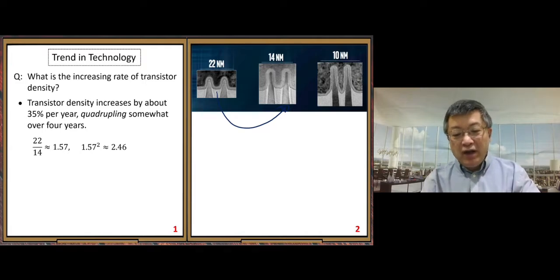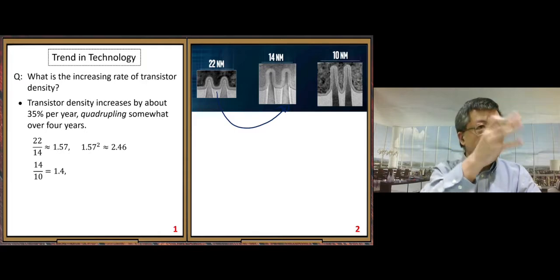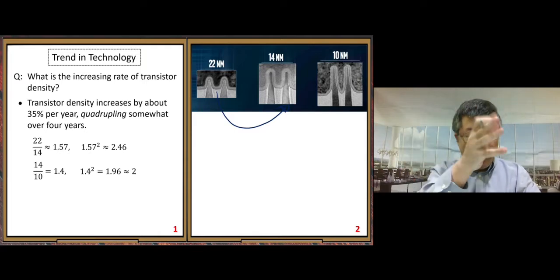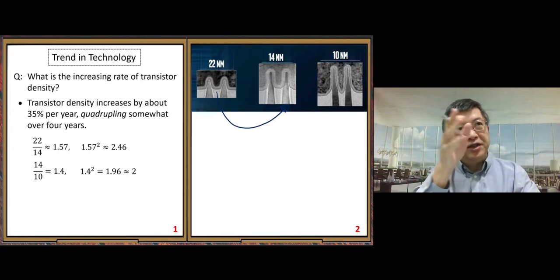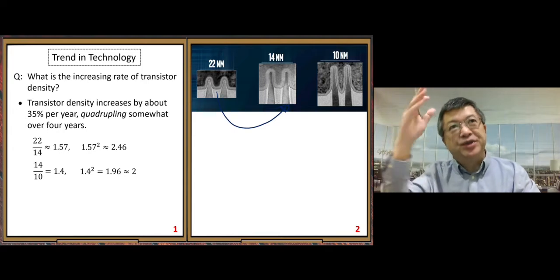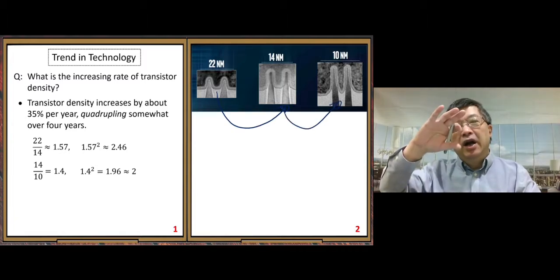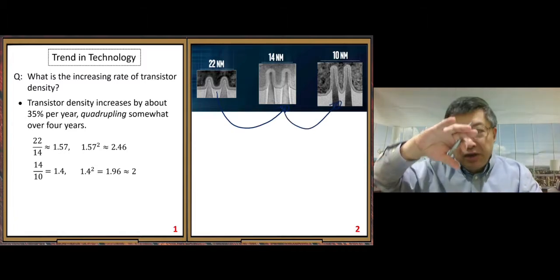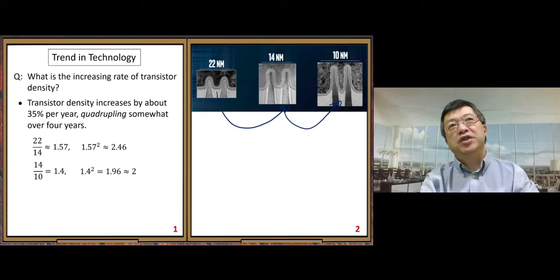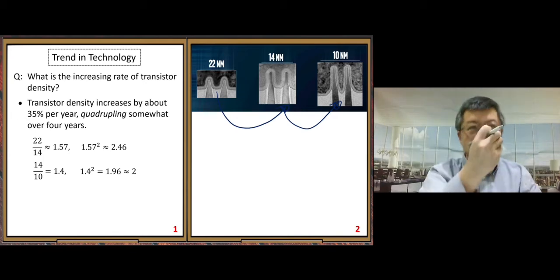Second one, from 14 nanometer technology to 10 nanometer technology. How much improvement in transistor density? 14 over 10, 1.4. 1.4 squared, 1.96. Very close to 2. So from 14 nanometer to 10 nanometer, transistor density almost doubled.